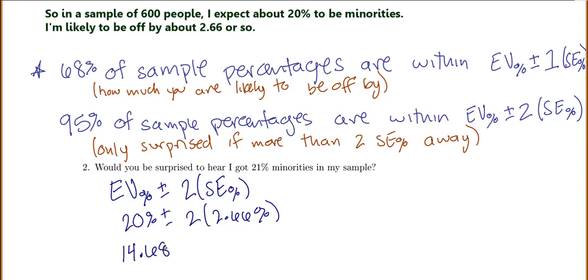And we're at 14.68. Once again, at this point, you don't have to worry about changing your percentages to decimals, so 20% doesn't have to change to 0.2. The reason why is we took everything into account when we made these formulas so that you don't have to do it, to make it easier for this class. So 14.68 to 25.32.